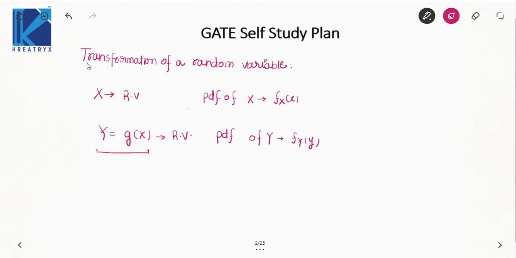To calculate the PDF we use the formula fy of y equal to modulus of dx by dy into fx of x. Now let us understand this by an example.